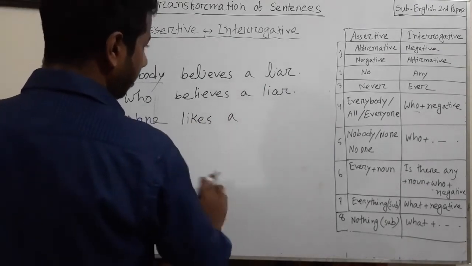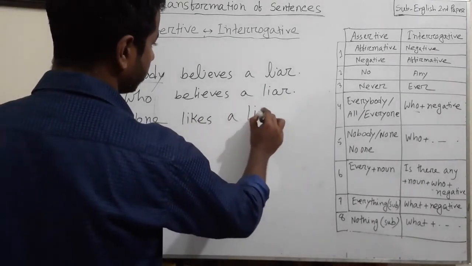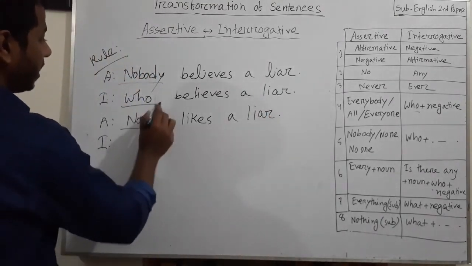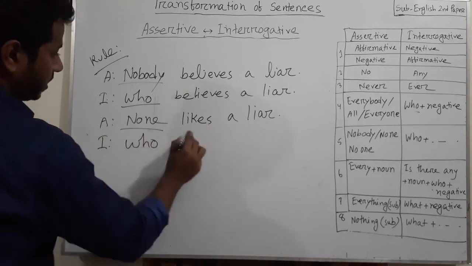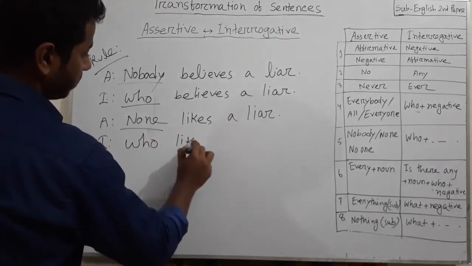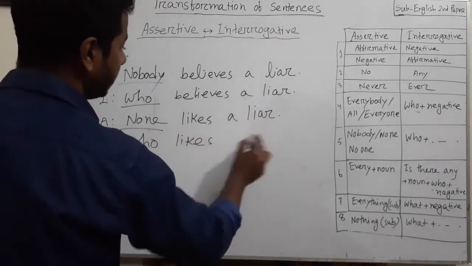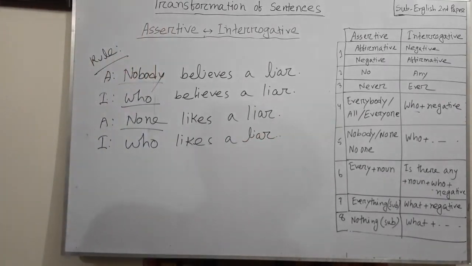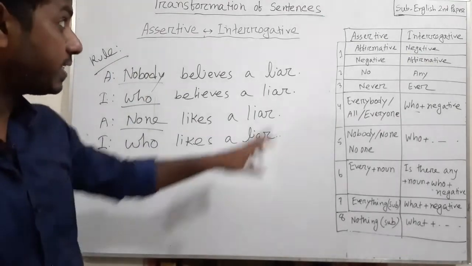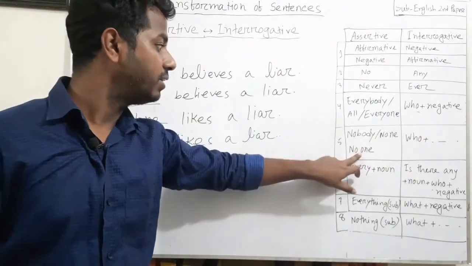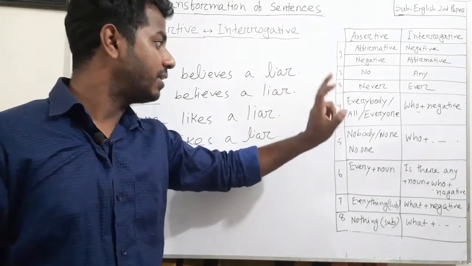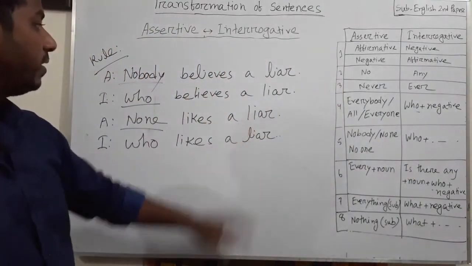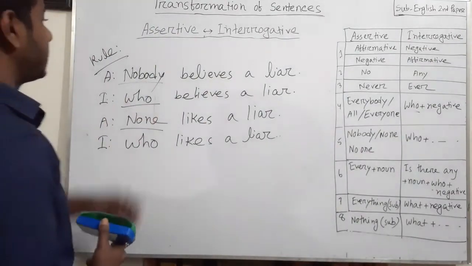None likes a liar. Okay, here, instead of none write who, then the rest of the sentence will be the same. You need not change anything in this sentence. Okay, so dear learners, if in an assertive sentence there is nobody, none, or no one as subject, then in the interrogative sentence we have to write who, and the rest of the sentence will remain the same as it is in the assertive sentence.